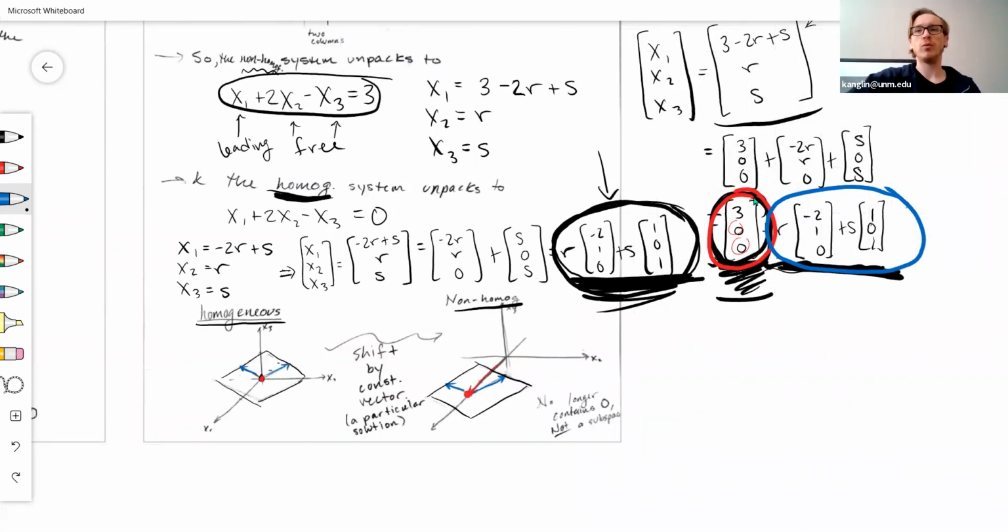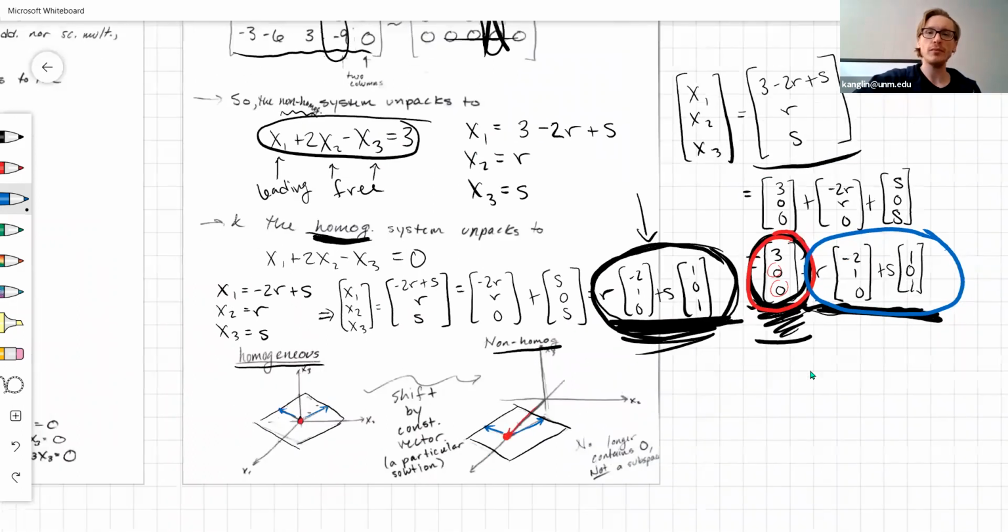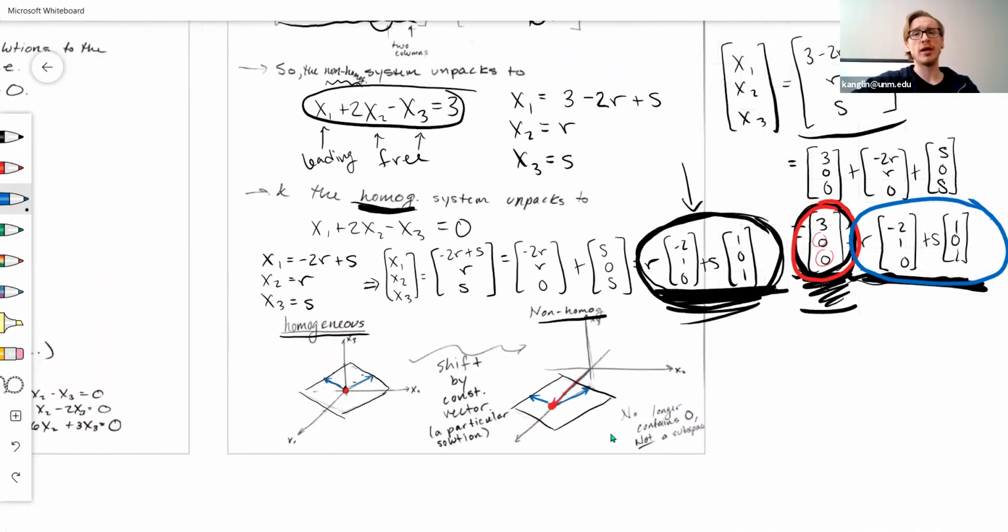How much you shift, or the vector that you're shifting by, automatically comes out of that general solution to your non-homogeneous system. So I hope this clears things up, right? This shifts that solution plane off of the origin, so it doesn't contain the origin, it can no longer be a subspace. Right away, that's an easy way to see why the facts that we proved earlier are true.